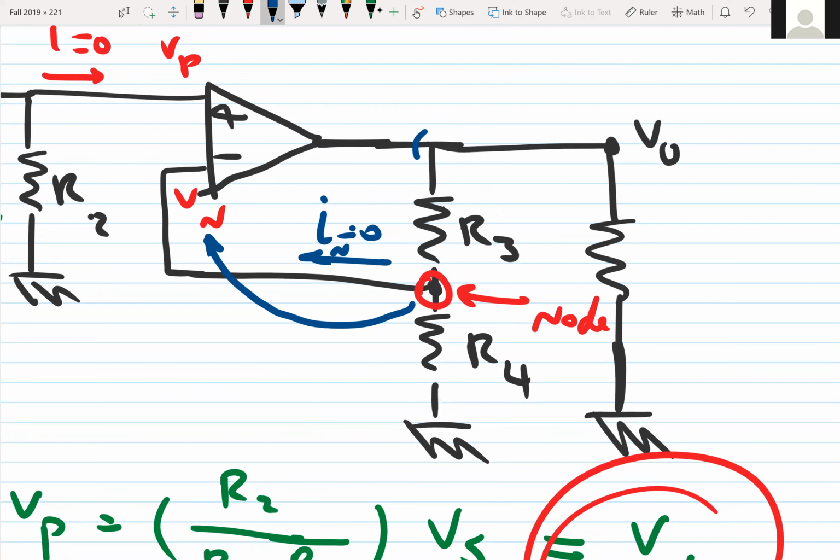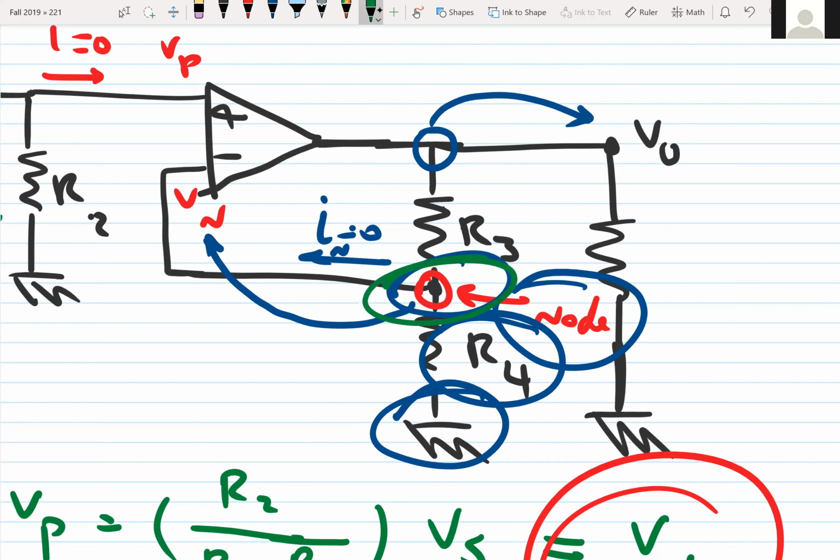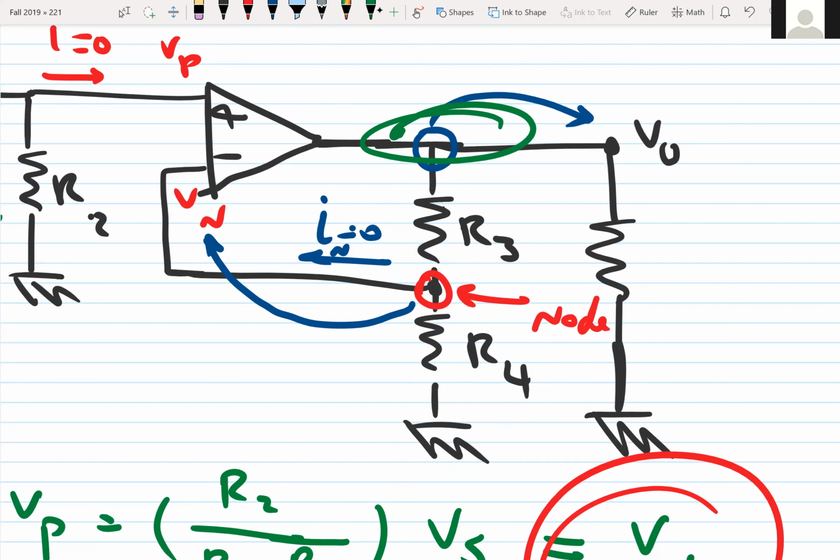And the other side of R3 has the voltage Vo. When we write the KCL for this node, we can say Vn minus 0 over R4 is equal to Vn minus Vo over R3. That's the way we write node equations.